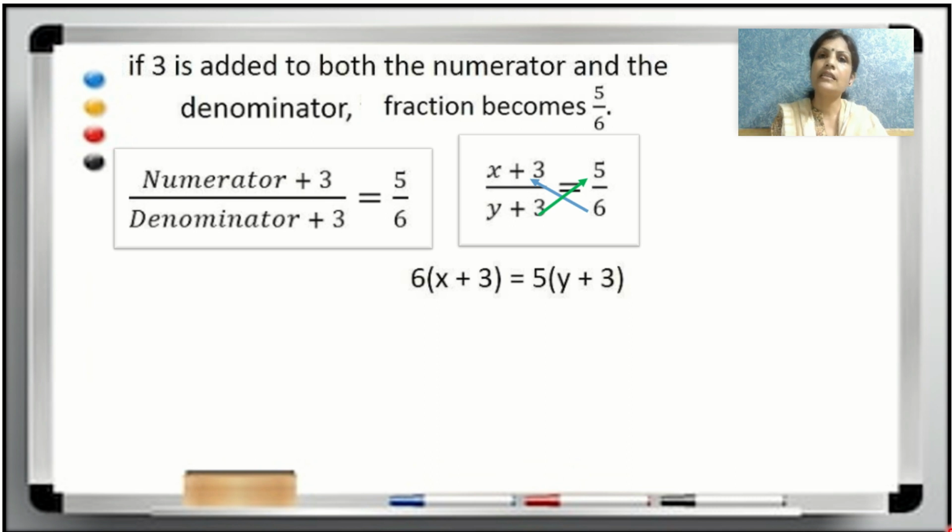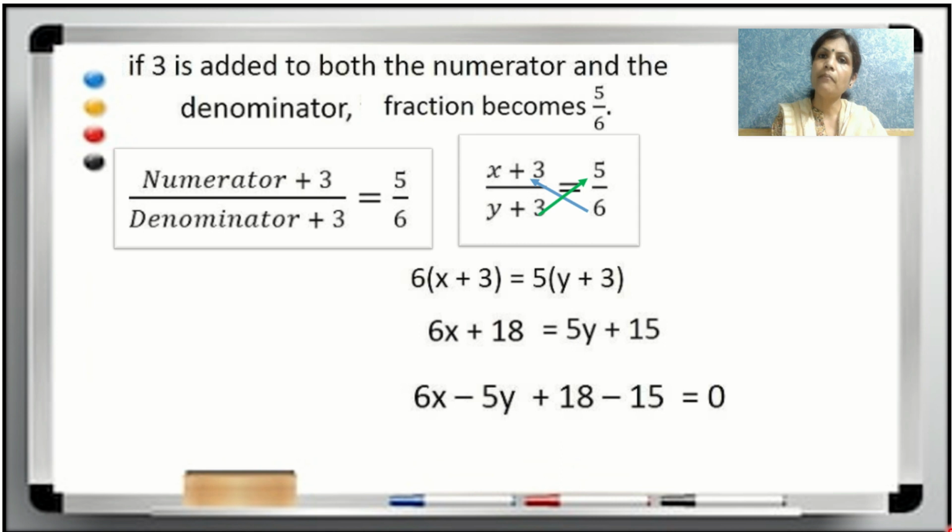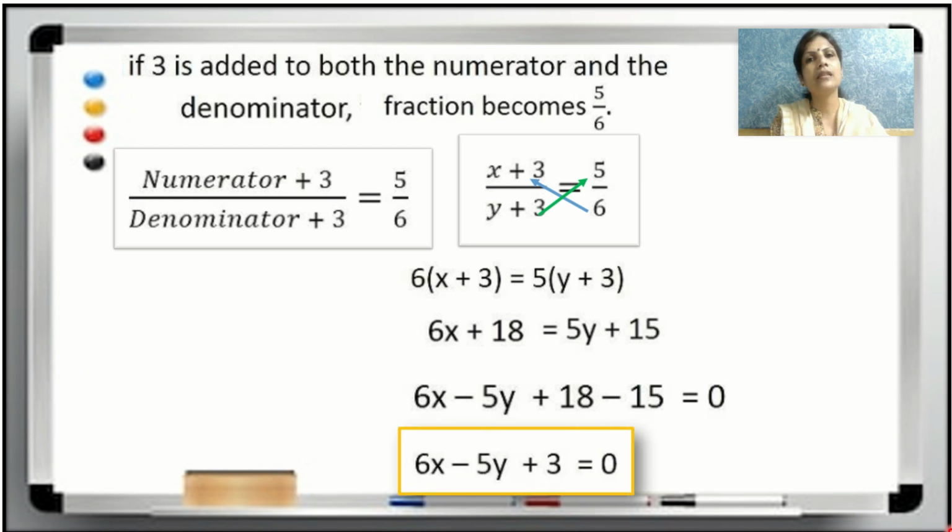Solve it: 6x + 18 = 5y + 15. So 6x - 5y + 18 - 15 = 0. 18 - 15 is +3. So 6x - 5y + 3 = 0 is equation 2.